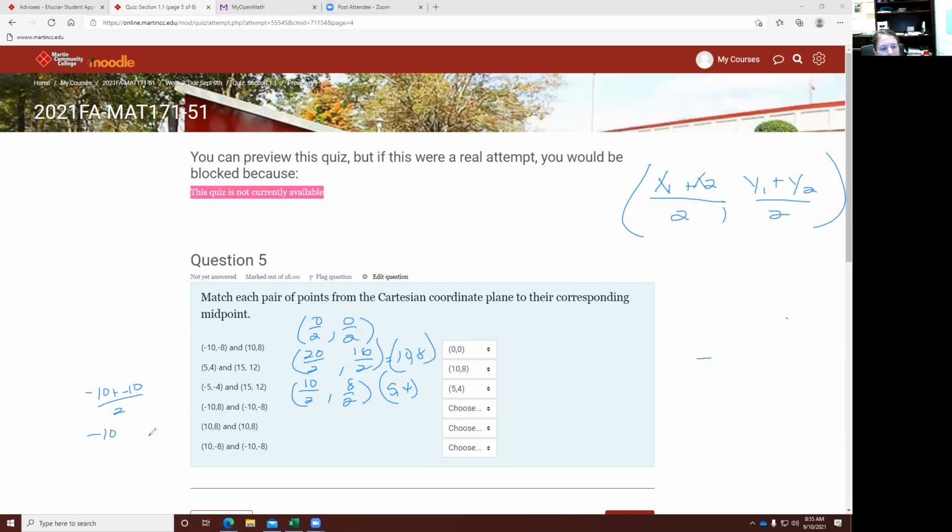That's going to be negative 10. And 8 plus negative 8 is 0, because 0 divided by 2 is 0. (Negative 10, 0). 10 plus 10 divided by 2 is going to be 10. 8 plus 8 is 16 divided by 2 is going to be 8.